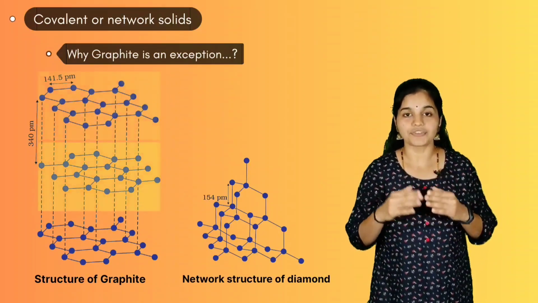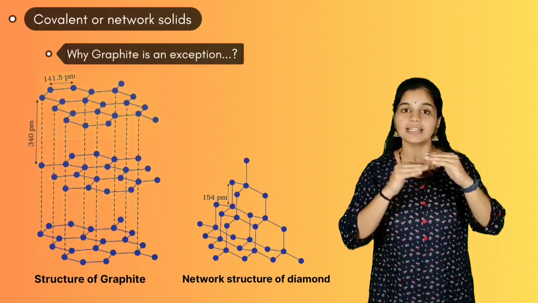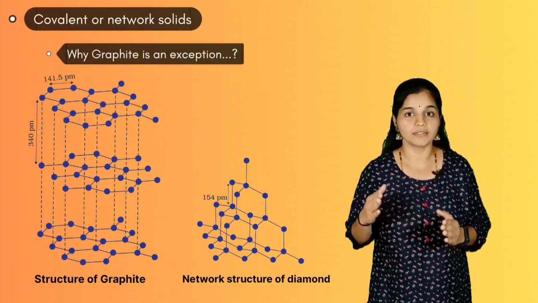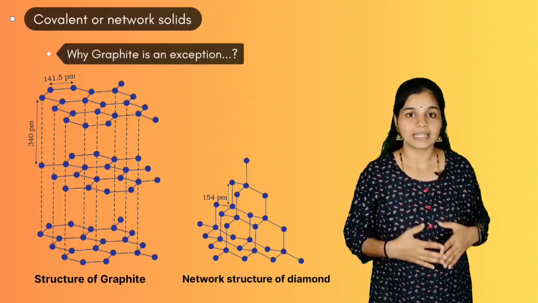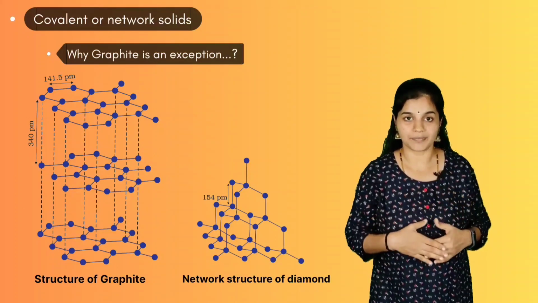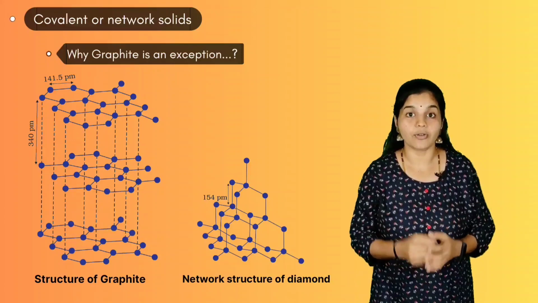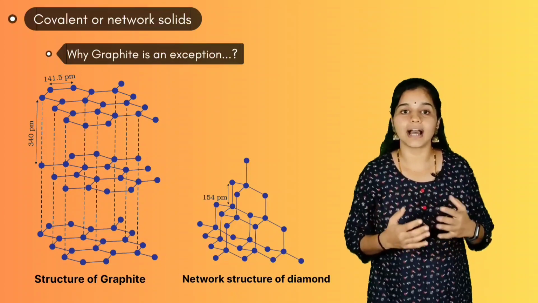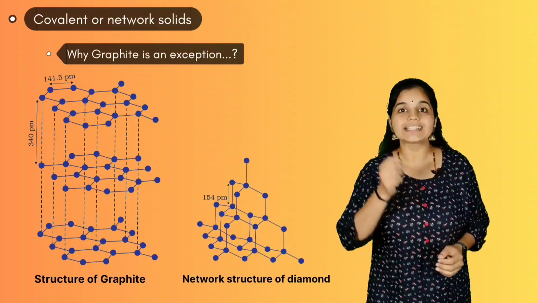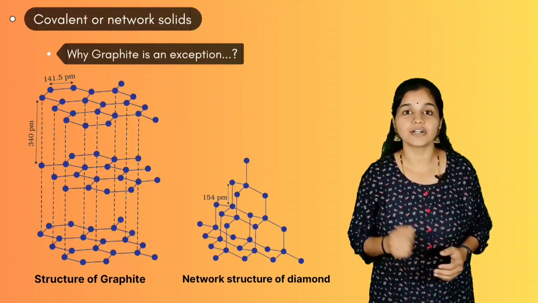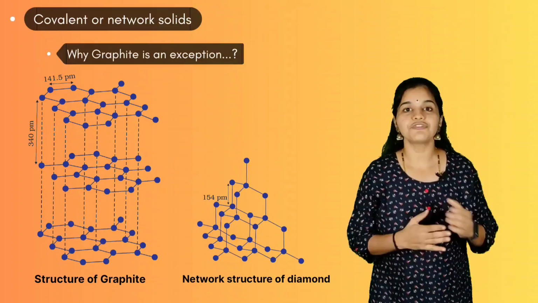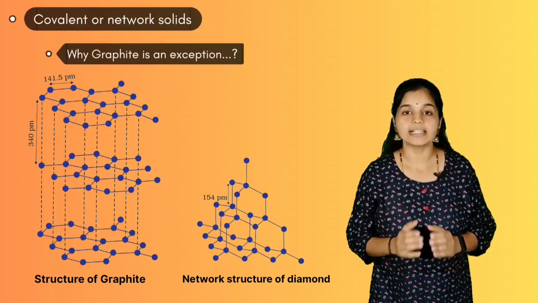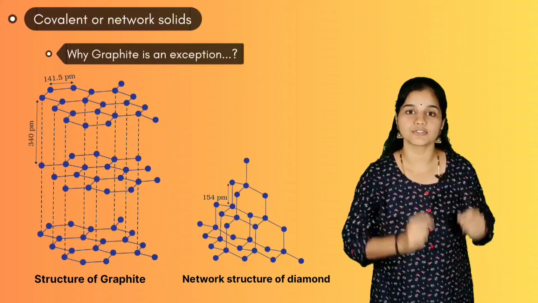The carbon atoms are covalently bonded to 3 of their neighboring carbon atoms in the same layer. The 4th valence electron of each atom is present between the different layers, and is free to move about. These free electrons make graphite a good conductor of electricity. The different layers can slide over each other, and this makes graphite a soft solid and a good solid lubricant.